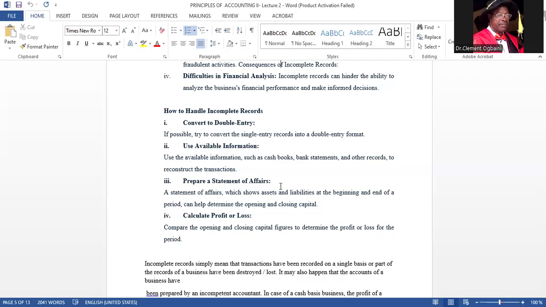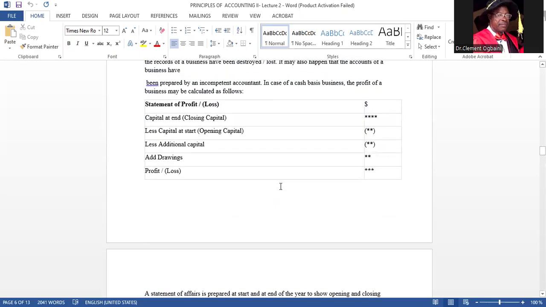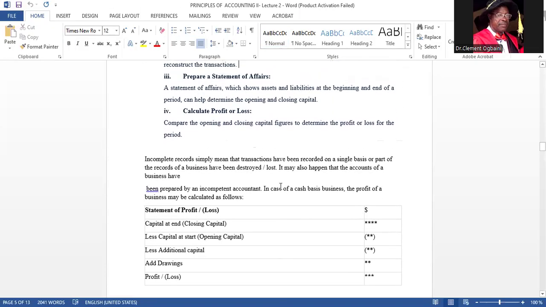So with this, it will help you to trace why they are not balanced. If they are not balanced, you are now able to trace the transactions that caused the imbalance. Also, by trying to calculate the profit, it will help you to determine what causes the imbalance and trace some of those transactions that were not properly recorded.